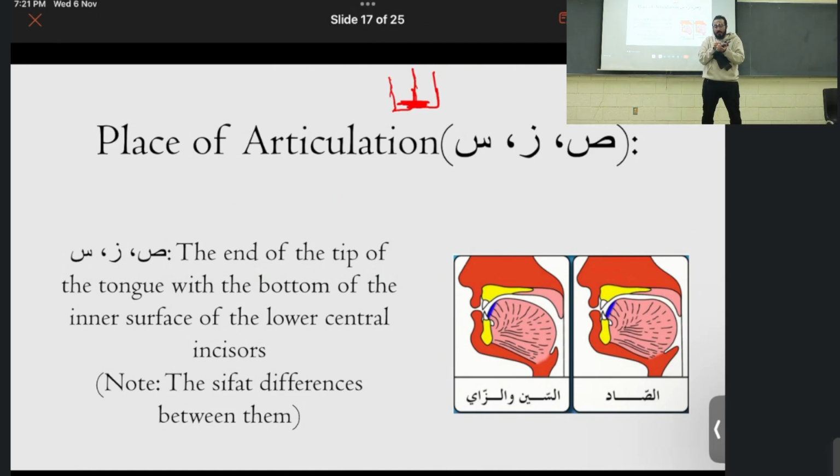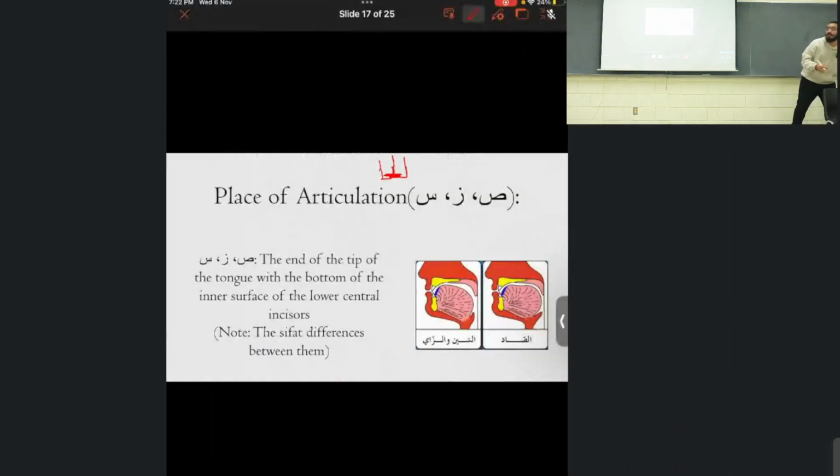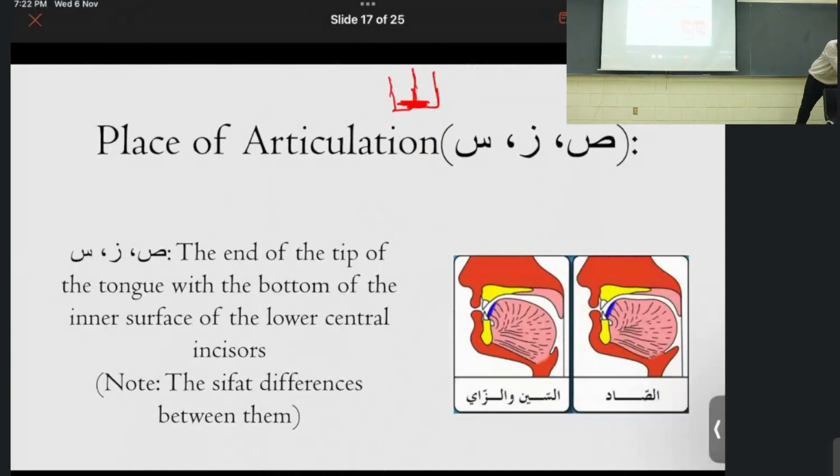I'm hitting the tooth. Okay? So it's the tip of the tongue with what? The inner surface of the tooth. Now try to feel it. This thing is killing me, man. Okay, Bismillah.